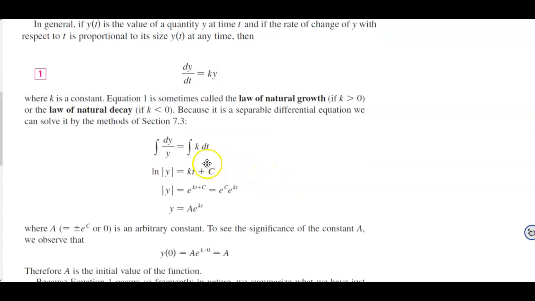So what we're going to do here is divide both sides by y and multiply both sides by dt, and then integrate both sides.